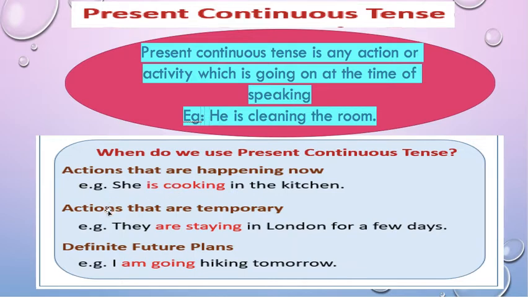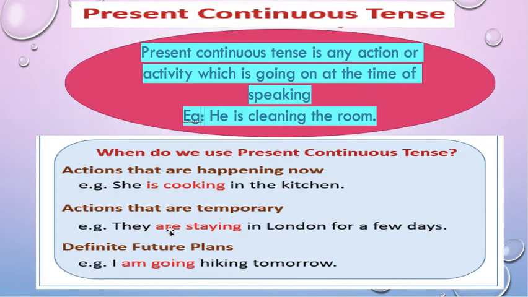Second one, actions that are temporary, meaning actions which are lasting for a shorter period of time. For example, they are staying in London for a few days. So what is the verb here? Are staying. Are is the helping verb, be form of the verb, and stay is the base form of the verb, and we are adding ing to it.